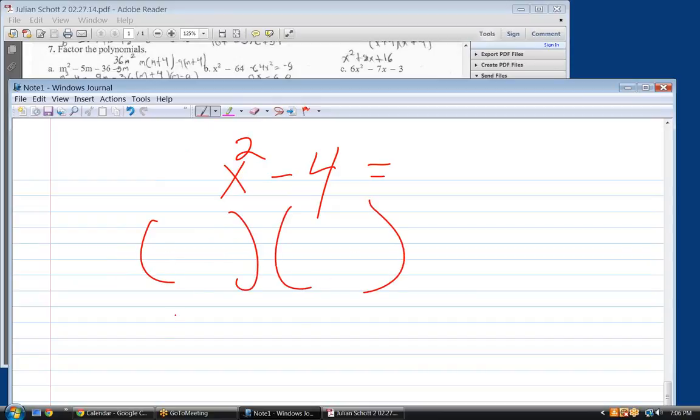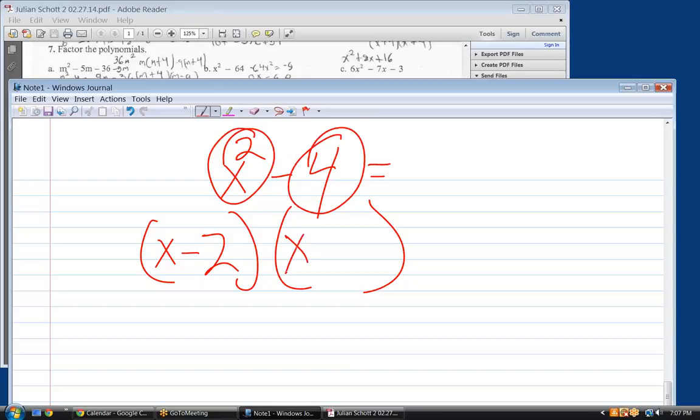X minus, not 4, 2. Remember, we always want the square root of that and the square root of that. Times what? X plus 2.